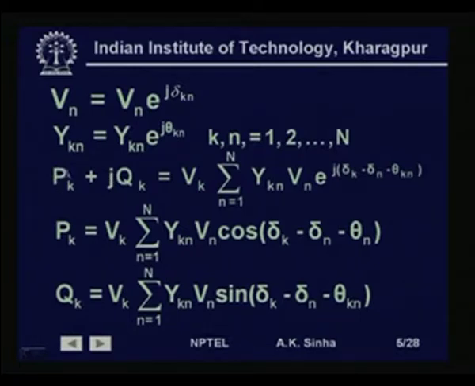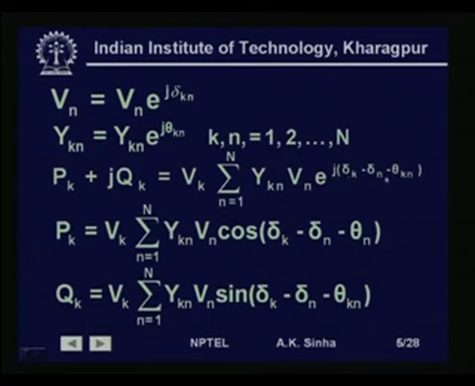Now, substituting this in the equation, we get P k plus j q k is equal to V k summation n equal to 1 to capital N y k n V n e to the power j (delta k minus delta n minus theta k n).